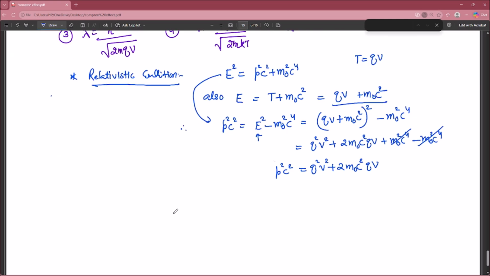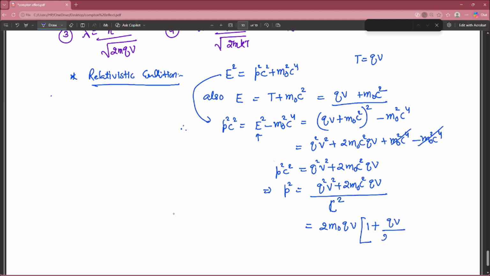So now we have to find the p square. So p square is equal to q square V square plus 2 m naught c square qV divided by c square. Taking 2 m naught qV common, we have 1 plus qV divided by 2 m naught c square.